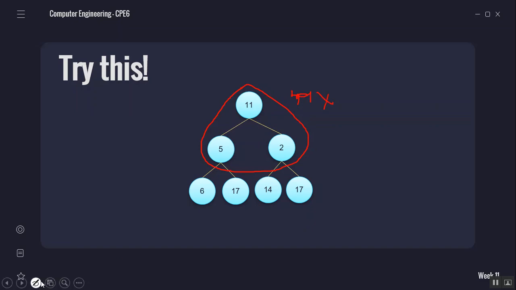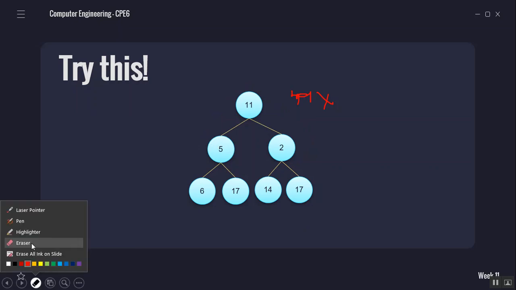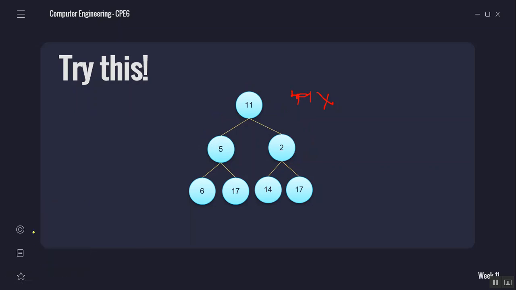Now let's try the other subtrees. If I take this left subtree, as you can see here, this is a min heap since the parent node is lesser than its children. So this is a min heap.